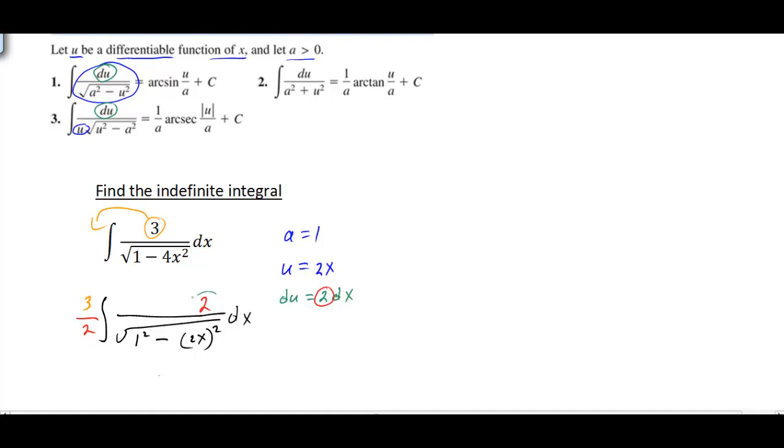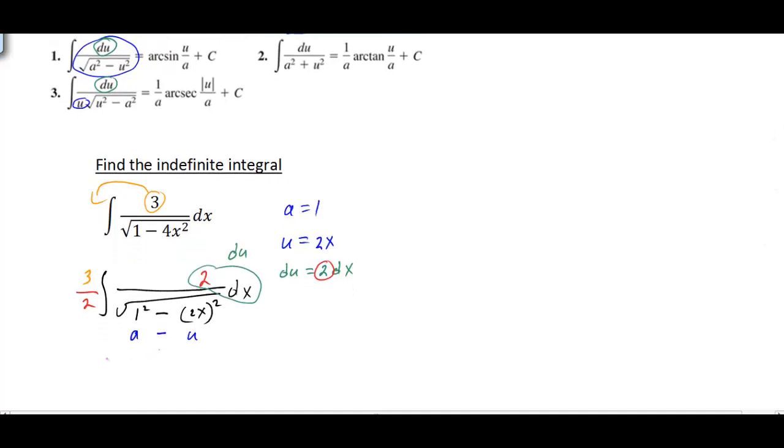And we have our 2 dx, which is du. And then on the bottom we have our square root of 1 squared, which is our a squared, minus 2x, which is our u squared. So we have du over the square root of a squared minus u squared. So at this point, we just simply plug into the formula, arc sine of u over a.